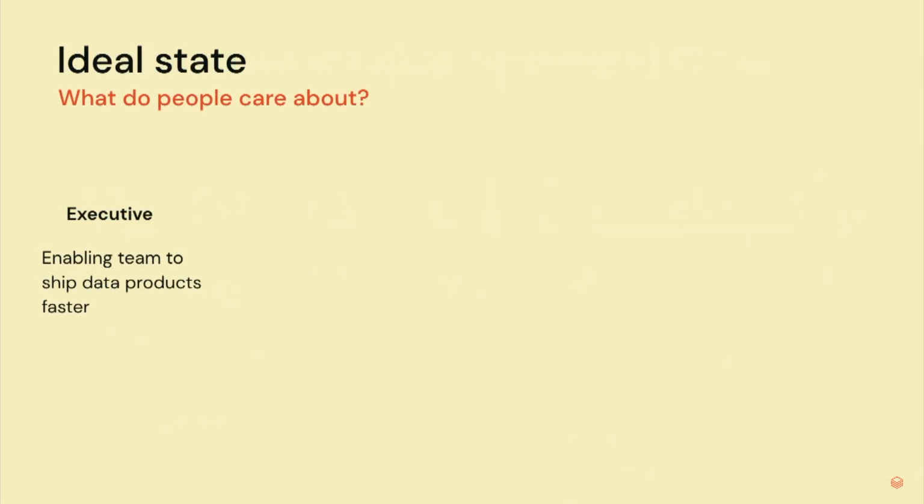Now, talking to customers over the many, many years and trying to distill into a simple statement, what do people actually care about? Executives want to enable the team to ship data products faster. The architect, right now they've got a lot of architectures.